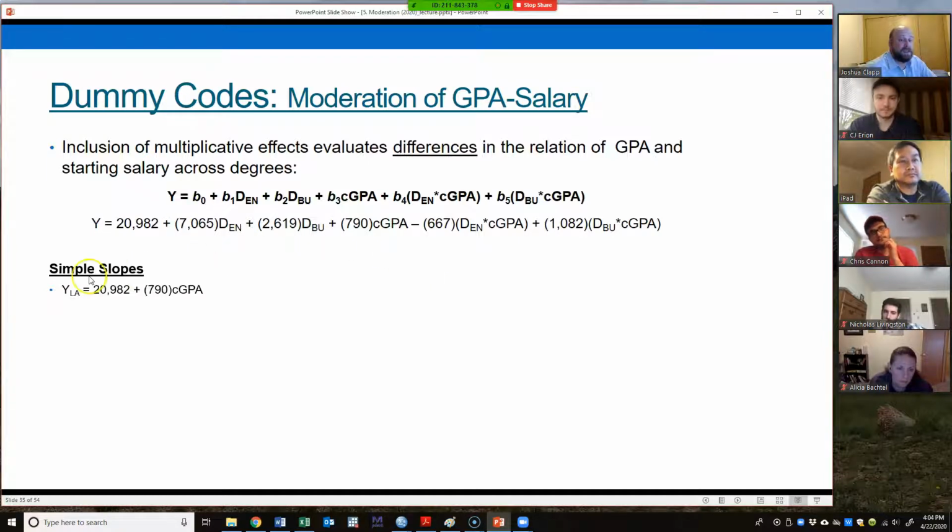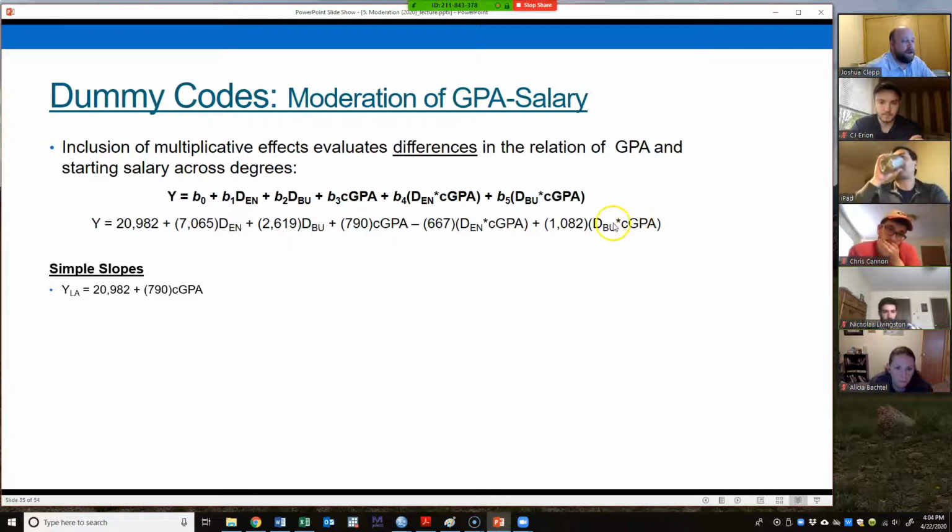So if I want to look at the simple slopes for my folks who have a liberal arts degree, it's just going to be 20,982 plus my coefficient for GPA, right? Nick, why does that make sense? That makes sense because that's your reference value, which means you're holding all the other groups at 0. Yep.